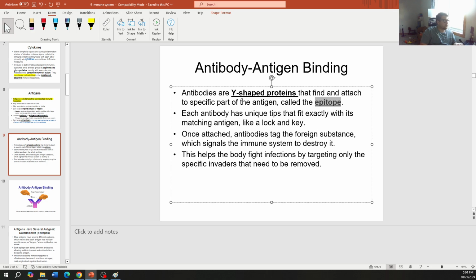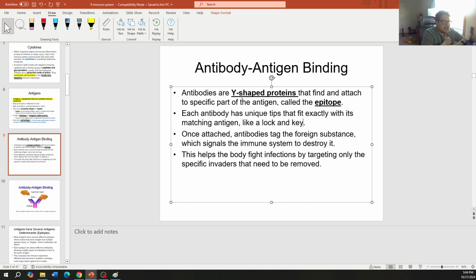There's that word again. And each antibody has unique tips that fit exactly with its matching antigens, like a lock and key. So think back to biochemistry when we talk about enzymes and how enzymes specifically match up with their specific substrates. Same kind of idea here. We have the specific antibodies for the specific antigens.